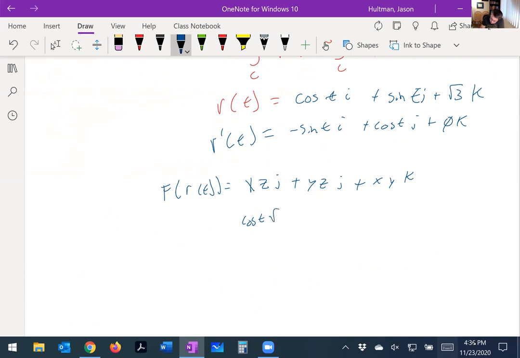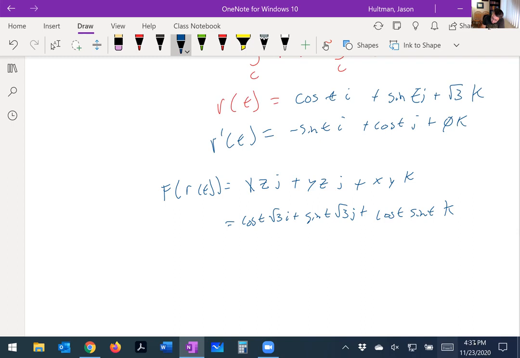What is z? z is radical 3. Plus, what's y? y is sine t. z is radical 3. And this is going to be cosine t, sine t k, right? So this is i, j, k.